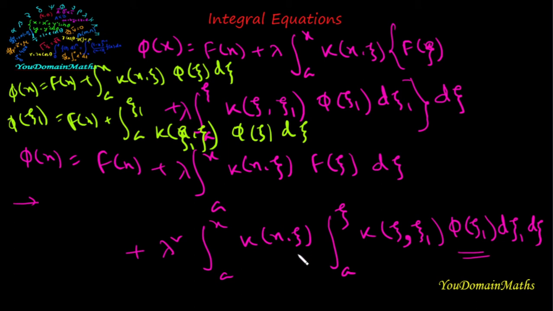But there are two xi that are mixing, so by calculation convention, xi being the dummy variable, we replace it by xi2 and put in the values of phi of xi1.